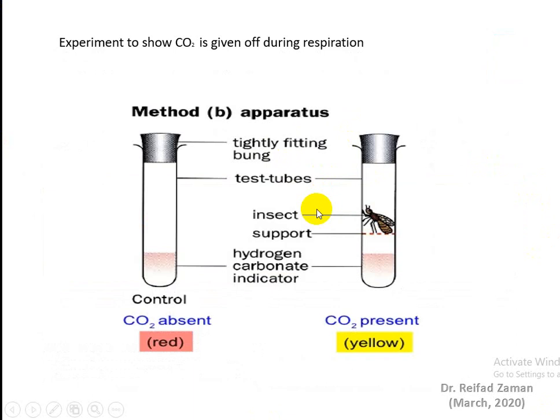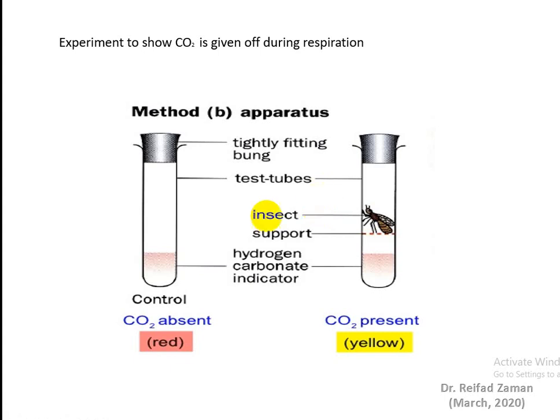Here is another experiment that we can do to prove that carbon dioxide is produced by living organisms. We are going to take two test tubes.